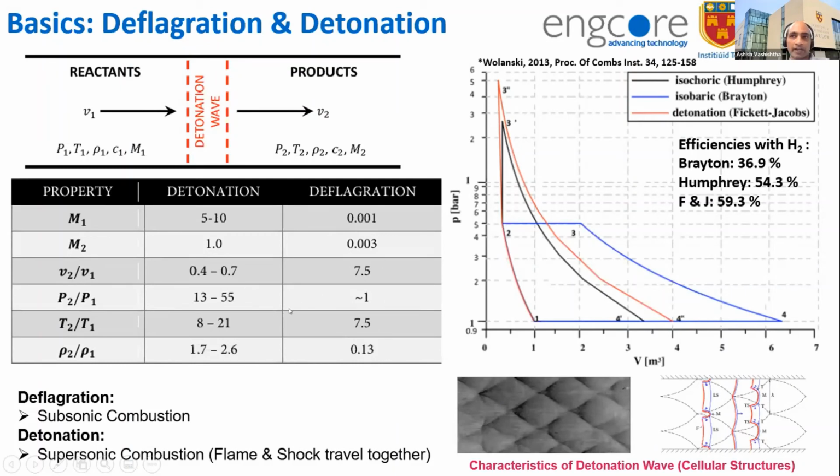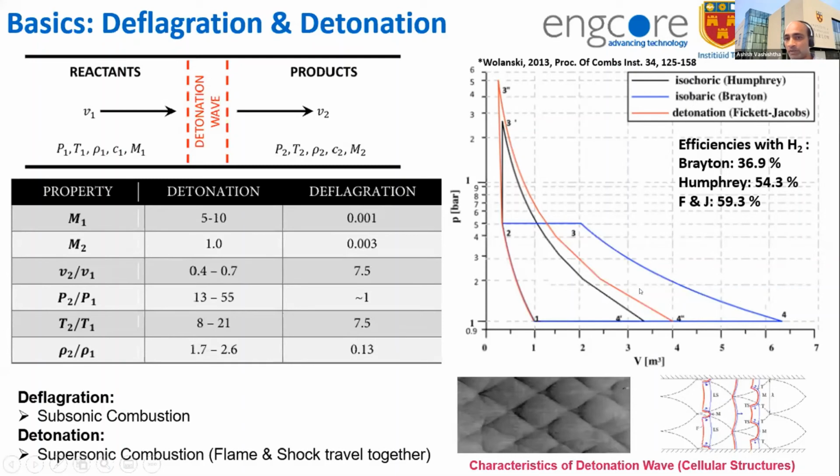Of course, a moving deflagration flame may also have a pressure rise, and the temperature variation between those two flames can be slightly similar. Subsonic combustion is called deflagration, and supersonic combustion, where a flame and shock wave travel together, is called detonation. These are the characteristics of a detonation wave, which has a cellular structure.